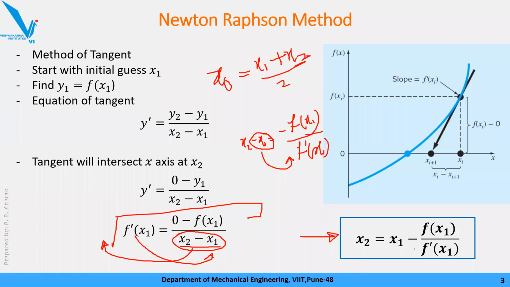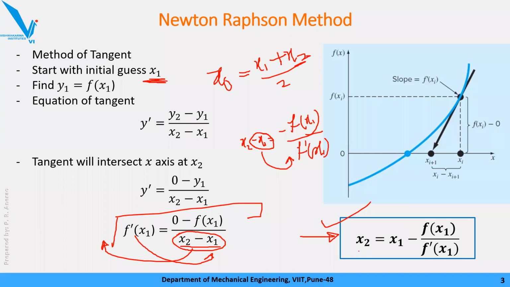Okay, we got this formula. What is its use? This is an iterative method. You will start with the x1 value, and improve your approximation using this equation, x2 equal to x1 minus f of x1 divided by f dash of x1. This will be your iteration number 1.